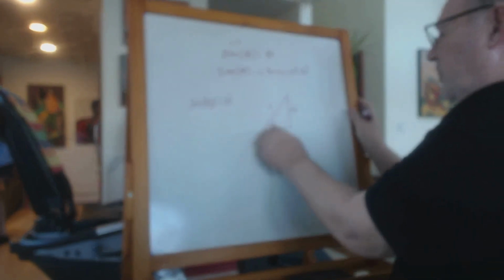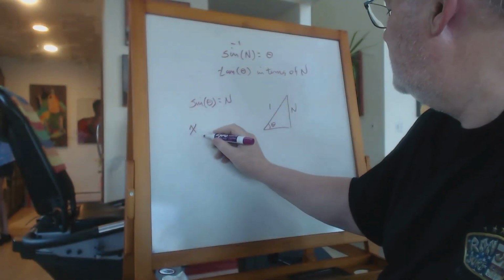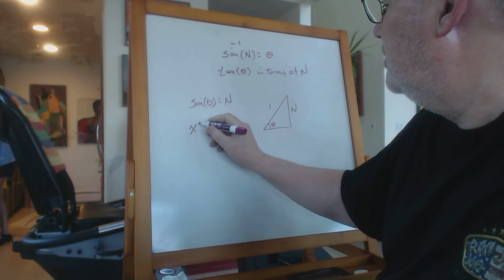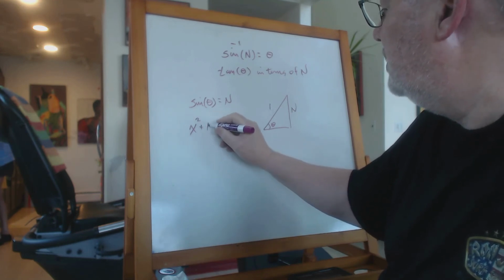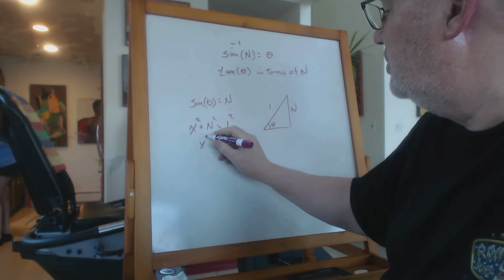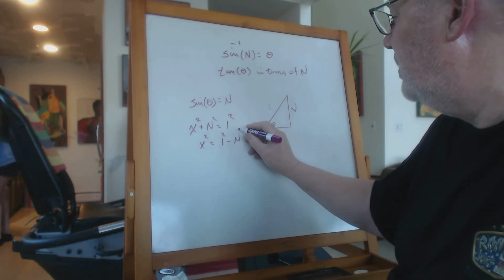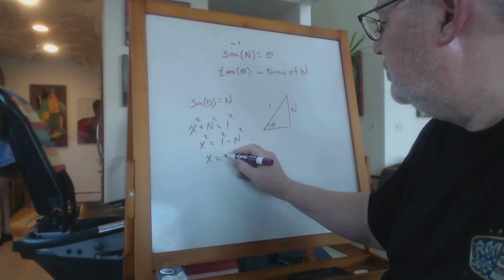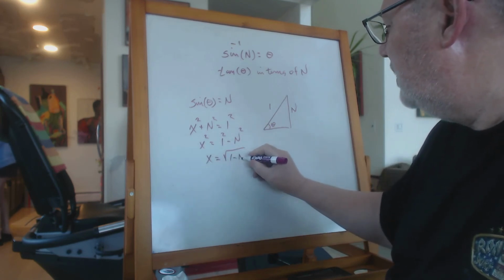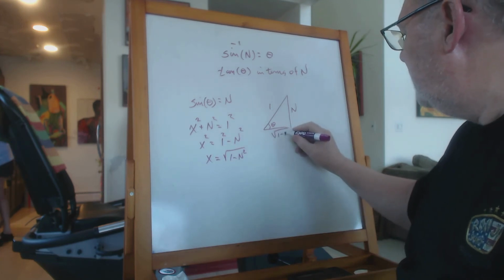That's the better way. And x squared plus n squared equals 1 squared. X squared equals 1 squared minus n squared. X equals the square root of 1 minus n squared.